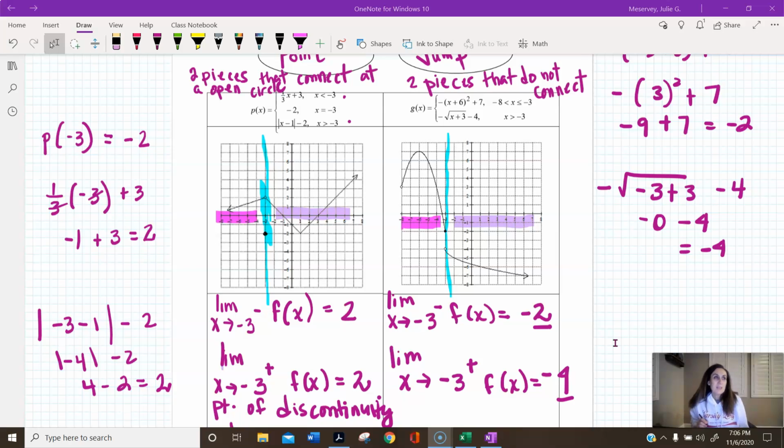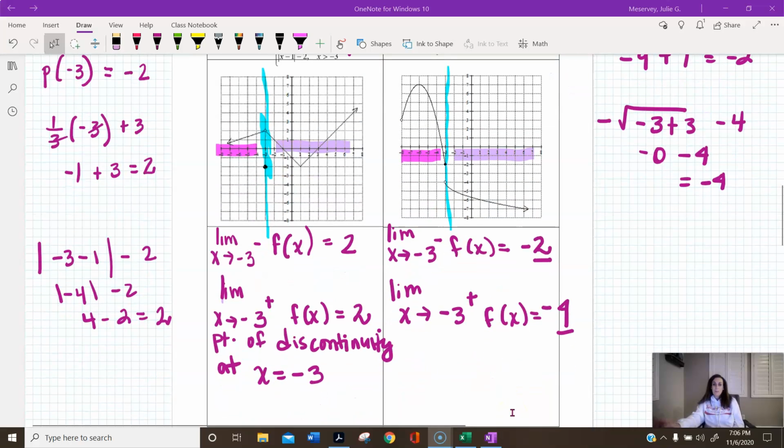If we look at these two limits, we can see that both pieces approach different y values. One piece approaches a y value of negative 2, and the other piece approaches a y value of negative 4. Because of that, we know that at x equals negative 3, there is a jump discontinuity in the graph. So let's write that down.